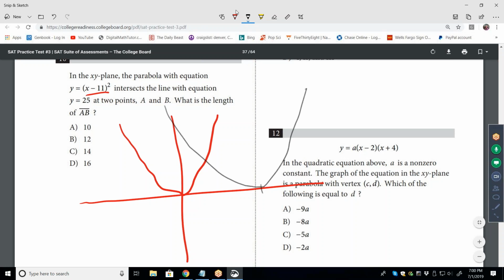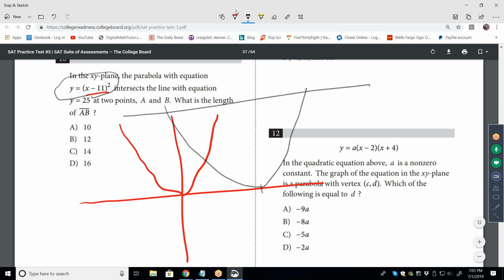Now, the gray line is the equation that we're interested in right there. And it says that when you intersect it with the equation y equals 25, well, what's y equals 25 look like? y equals a number is a horizontal line.